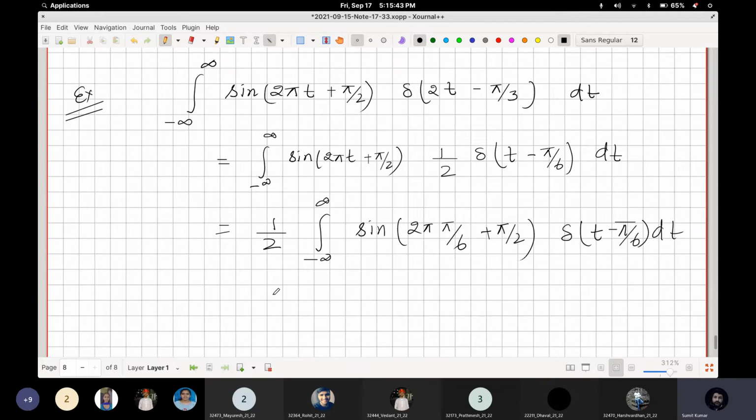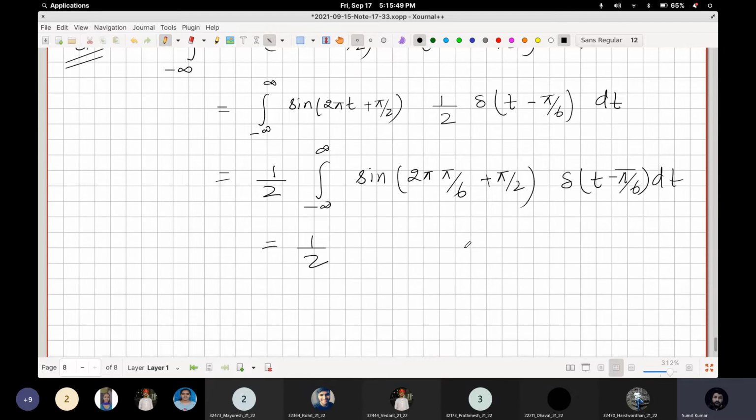So you know its area is going to be 1 only. So let me take half and this function outside, and the rest of the thing is, that area is anyway equal to 1. So let me just write this. Pi square divided by 6 plus pi by 2. Okay.